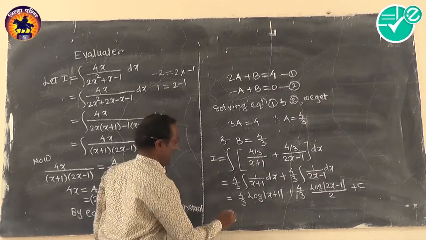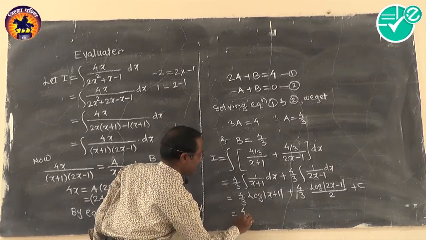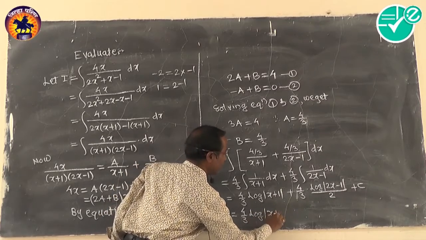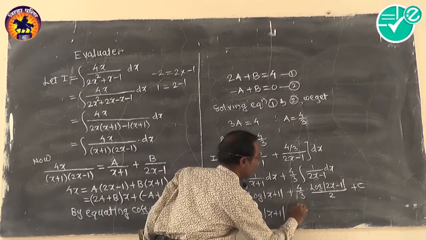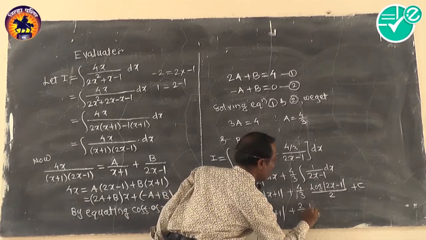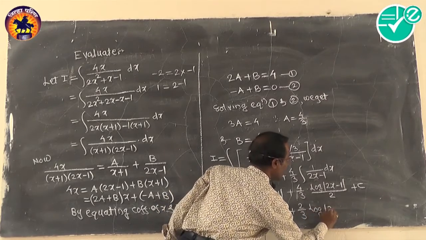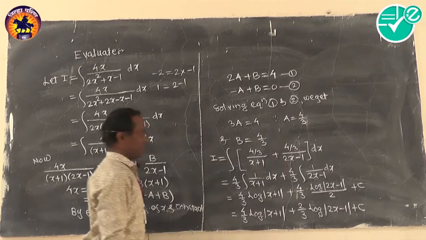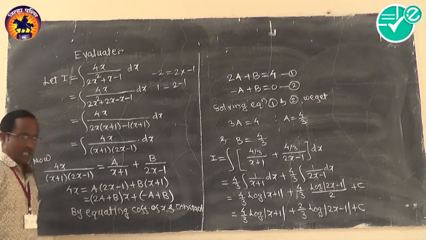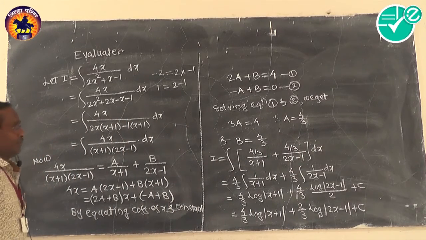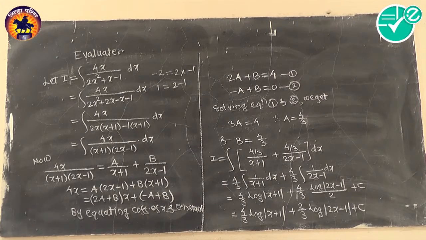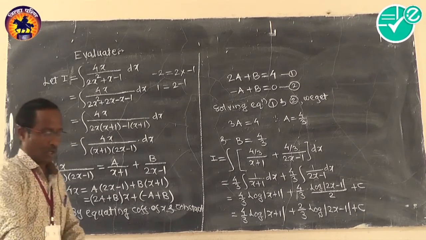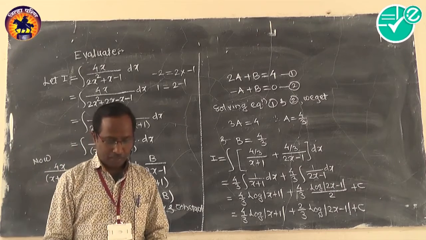This can be written as 4 by 3 into log of (x plus 1) plus 2 by 3 into log of (2x minus 1) plus c. So this is the integration of this function. This is the solution of this example.